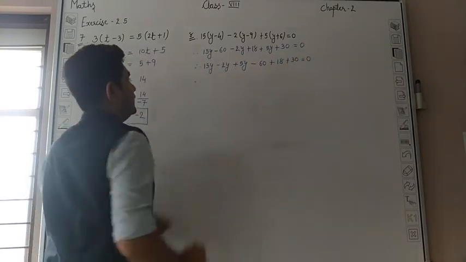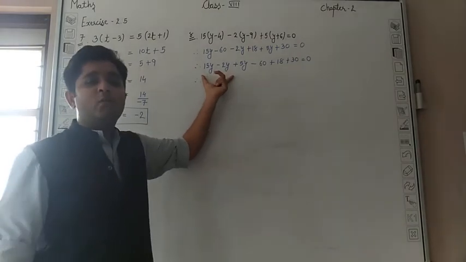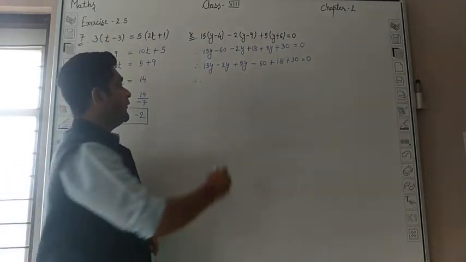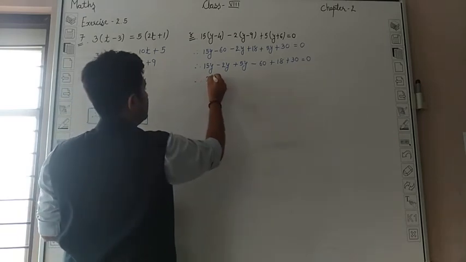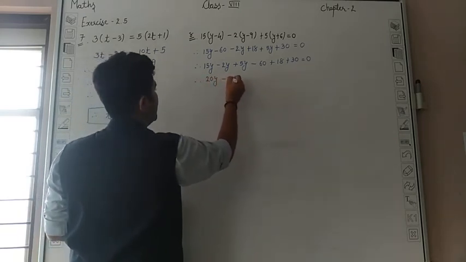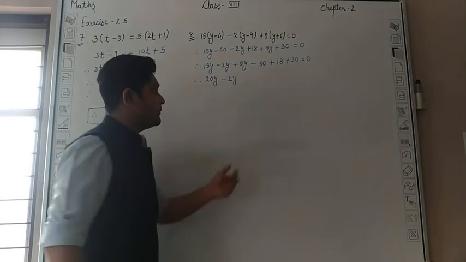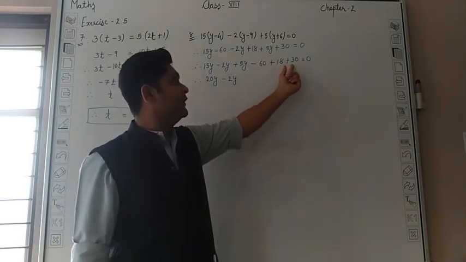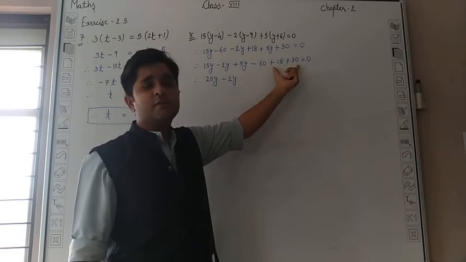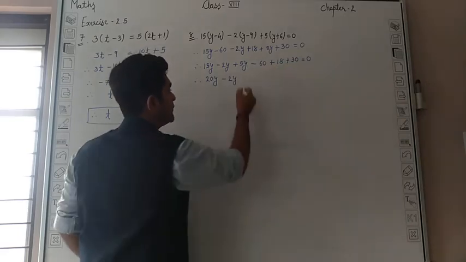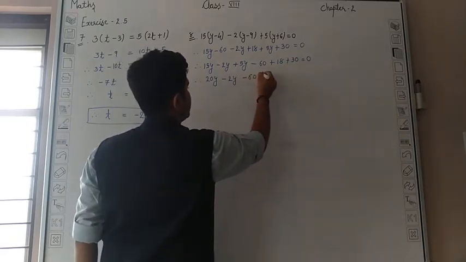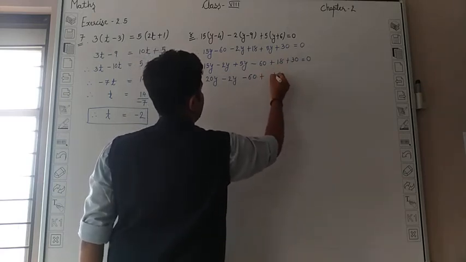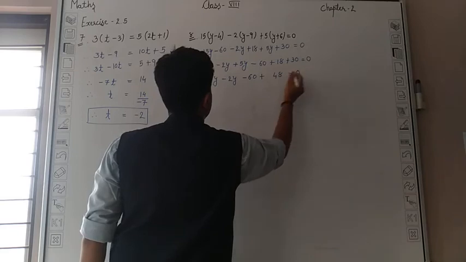So here 15y and 5y both are plus, 15 plus 5 is 20, minus 2y. Here 60 is minus, 18 is plus, and 30 is also plus. So these two are plus, just simply add them: 18 plus 30 is 48, equal to 0.